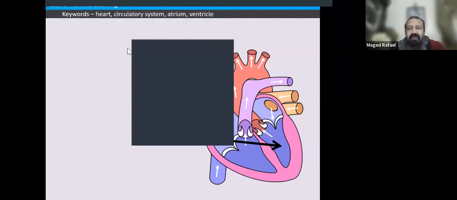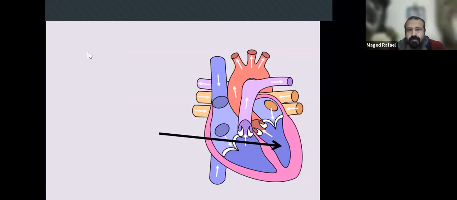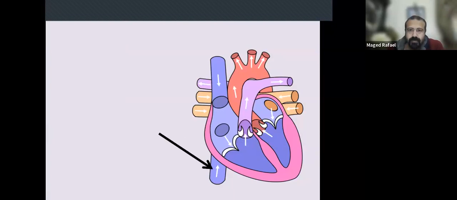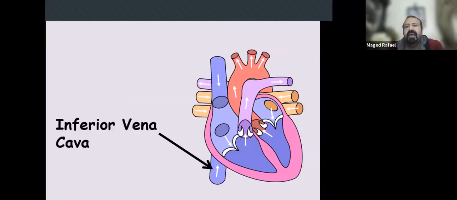This is the left ventricle. This is the left ventricle. Oh, I'm sorry. I pressed twice, but these are the valves. And what about this one? This is the inferior vena cava.